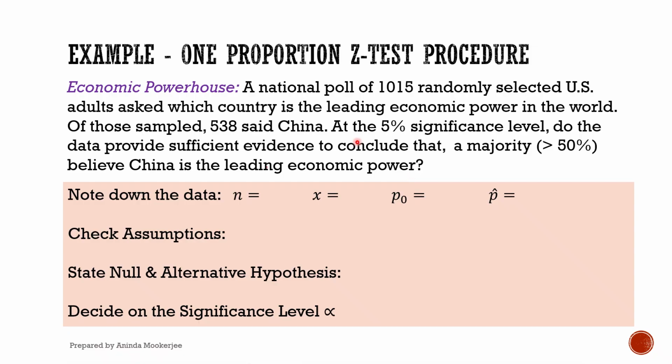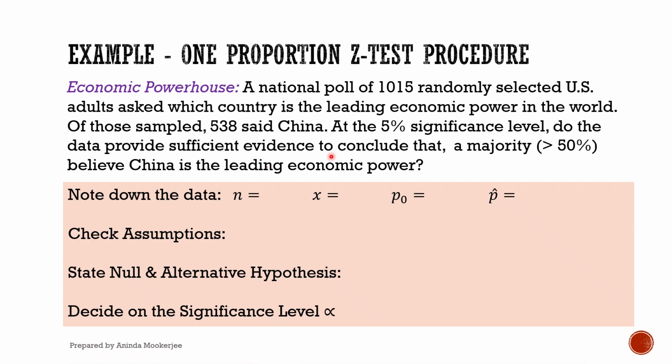So apparently, a survey was sent out to 1,015 US adults asking which country they consider to be the leading economic power. And of those that were surveyed, 538 thought China was the leading economic power.